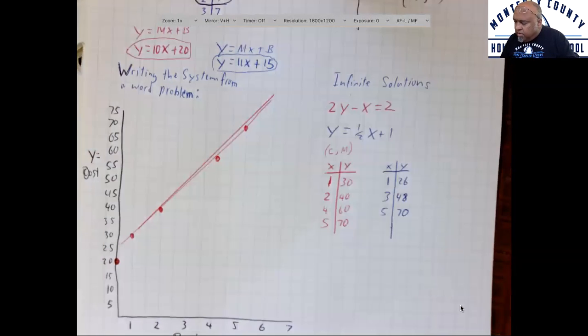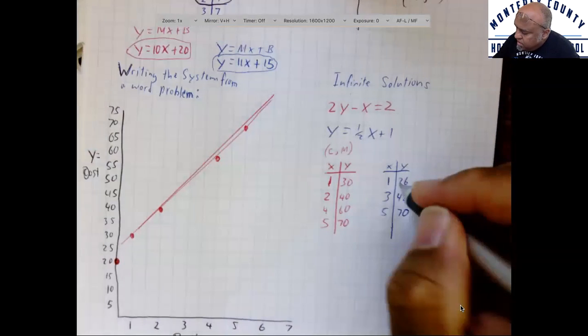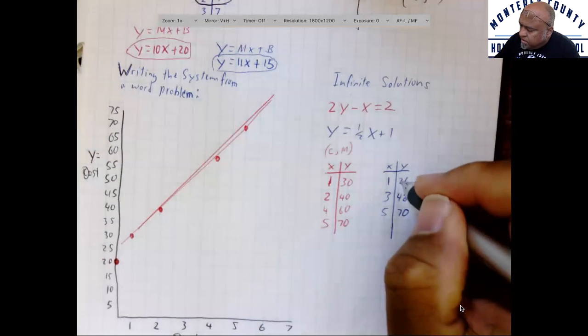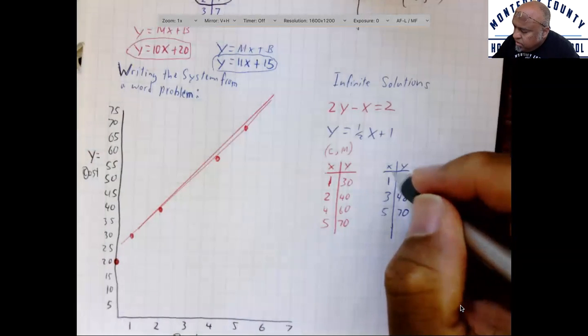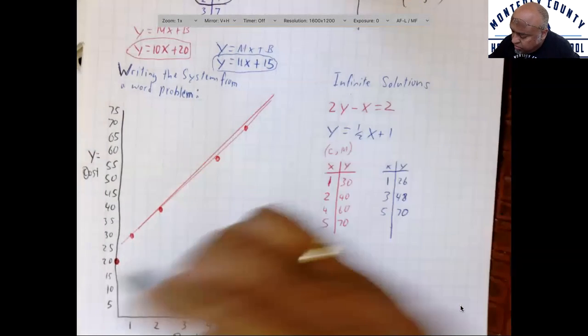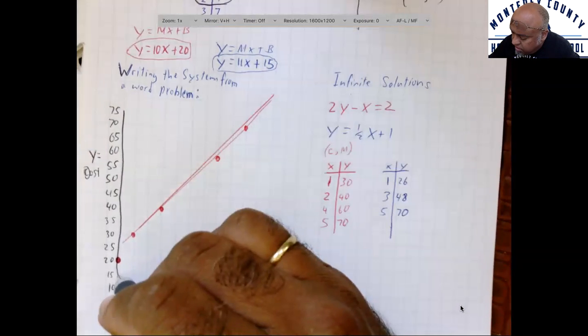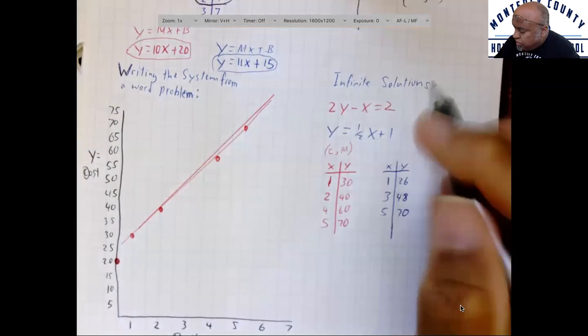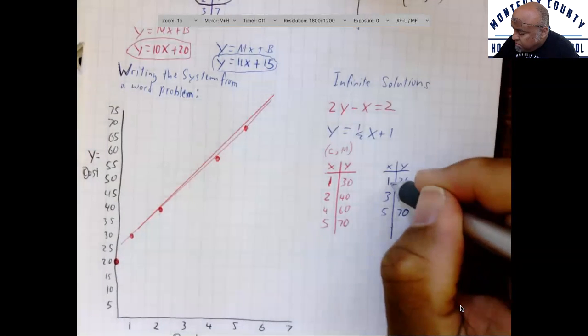All right, well, let's go ahead and plot the next one here. Okay, so y is equal to 11x plus 15. So my starting point should be, well, I won't worry about the starting point. I'll just go ahead and plot my points here.